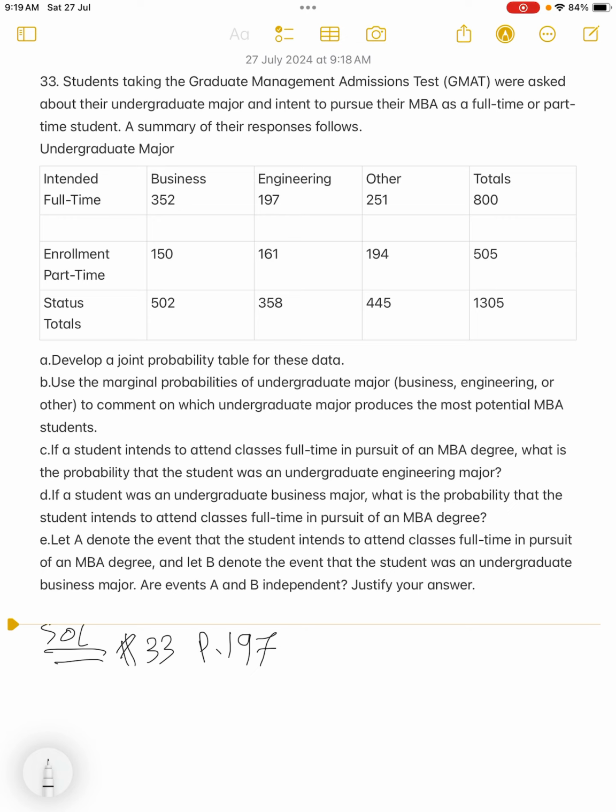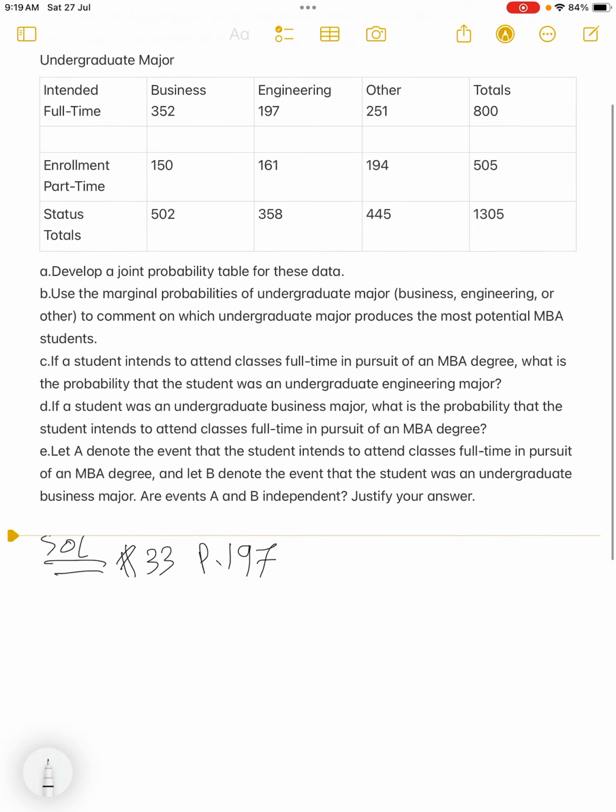A summary of their responses followed: undergraduate major, business, engineering, and other, with totals, and enrollment status, full-time, part-time, totals.